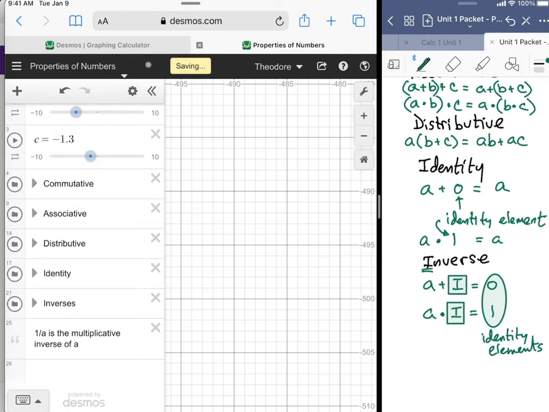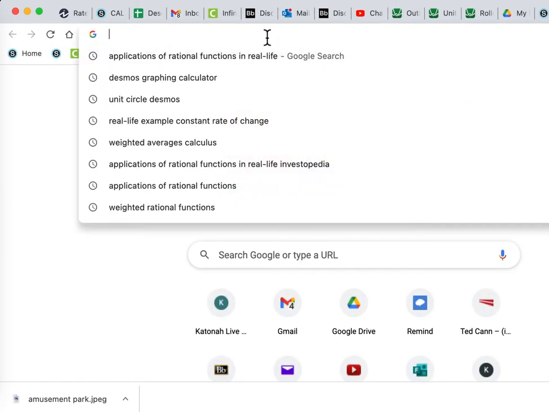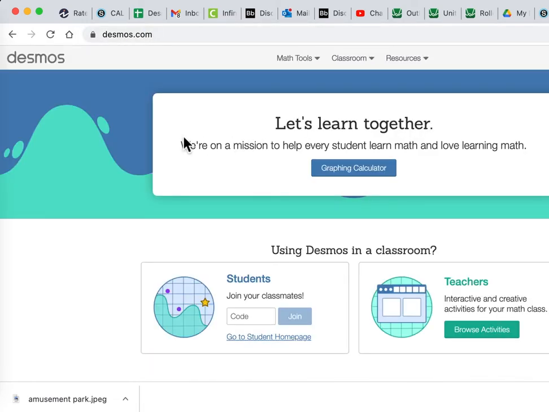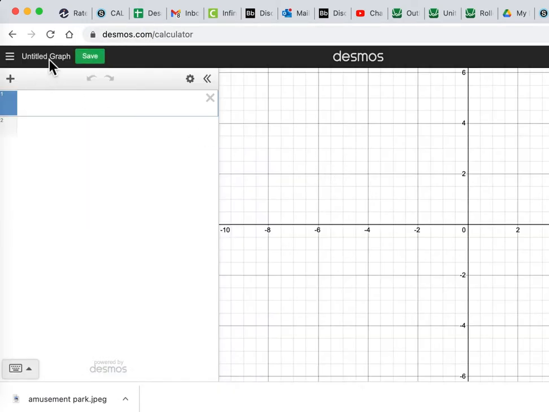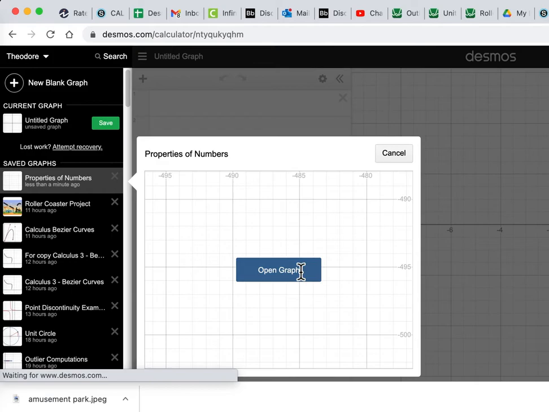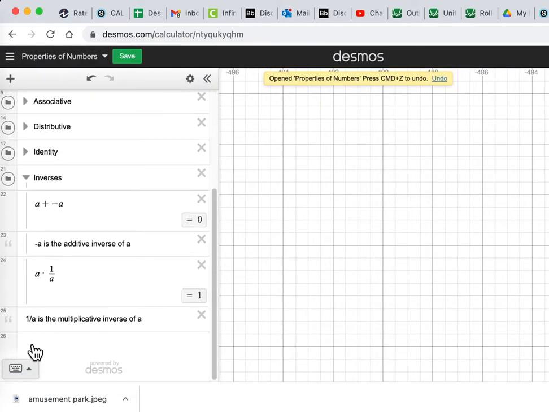And what I do is I share it. And let me actually open it up on this screen. So I share it, and I put it into the spreadsheet that you find online. All right. So properties of numbers, open the graph. It's all there. Oops, this one didn't get linked up, so let me fix that. There we go.